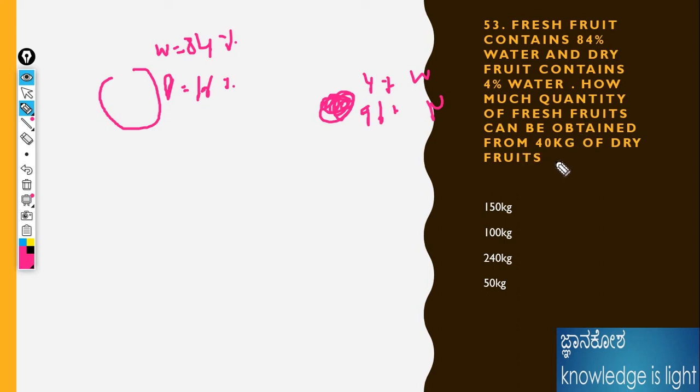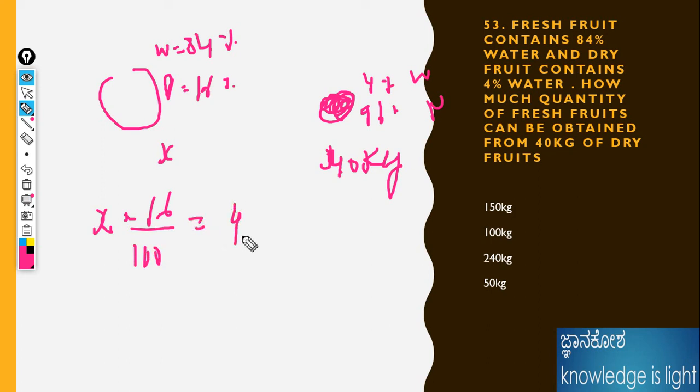Here the quantity of dry content is given. 40 kg is given. We need to calculate how much quantity of fresh fruit is obtained. We don't know exactly how many kg of water content is present in the fresh fruit. x times 16 divided by 100 is equal to 40 into 96 divided by 100.